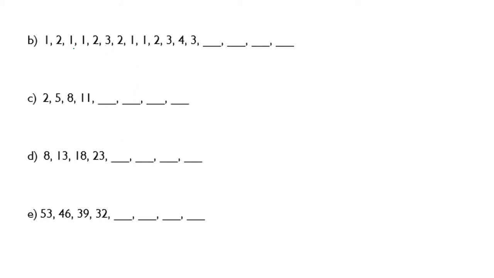Part B, we have 1, 2, 1, 1, 2, 3, 2, 1, and 1, 2, 3, 4, 3, and we'll have to fill in the blanks. Now, if you look very carefully, there's a pattern. We have 1, 2, 1, and then 1, 2, 3, and it counts back down again.